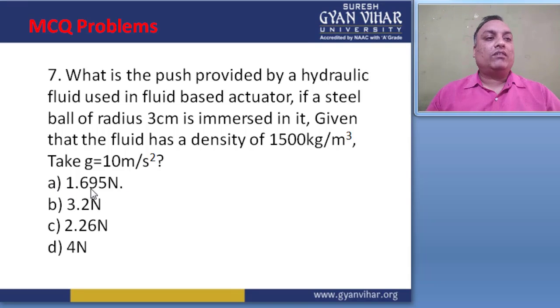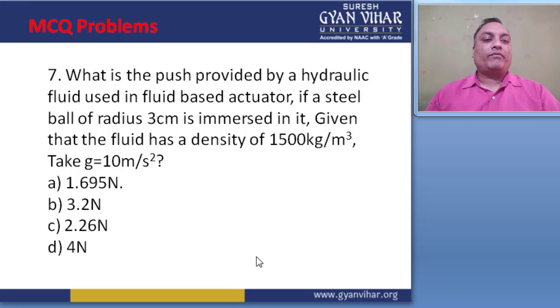For this case, A equal to 1.695 Newton, B 3.2 Newton, C 2.26 Newton, D equal to 4 Newton. So the correct answer is A, 1.695 Newton. It is the correct answer for this question.